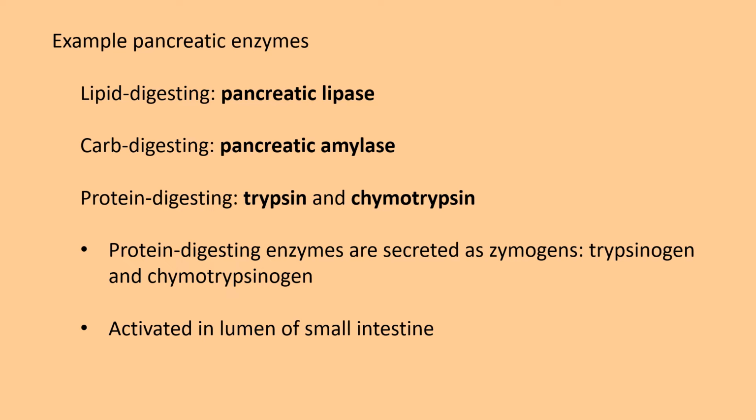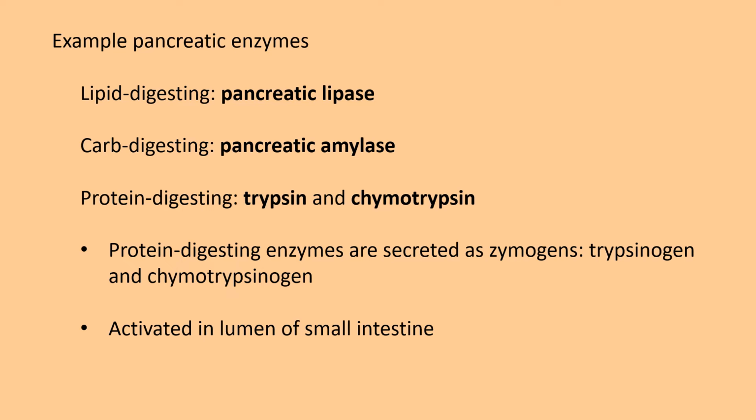And again, just like we saw with pepsin, pepsin's also a protein digesting enzyme. Pepsin works in the stomach. These two protein digesting enzymes from the pancreas, trypsin and chymotrypsin, are initially secreted as zymogens. A zymogen is an inactive protein digesting enzyme. And these zymogens are then activated in the lumen of the small intestine.